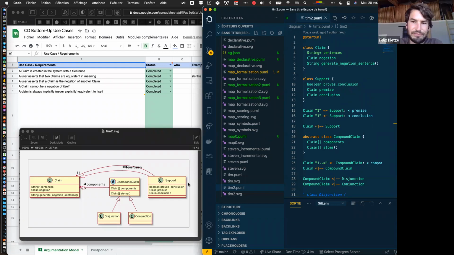I have an idea. Go ahead. How about leaving the whole compound claim, extends claim, out, and modeling formulas or equations instead, and saying the equation itself is a claim in itself, but it just says claim A and claim B equals claim A and B. And then these are two separate claims that you can agree or disagree with.